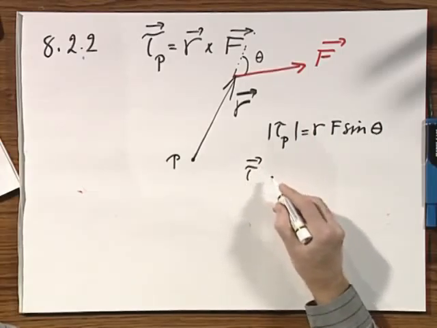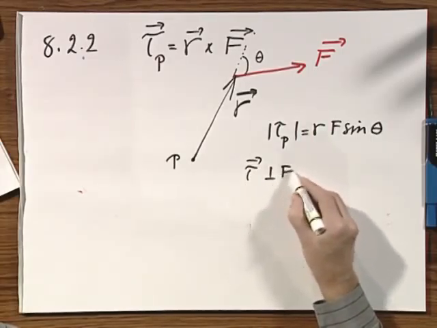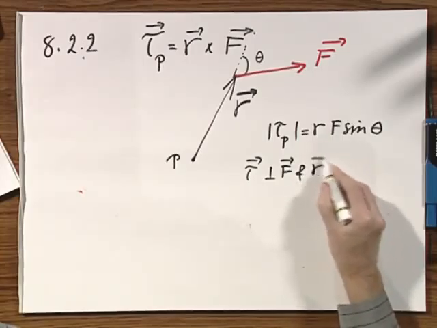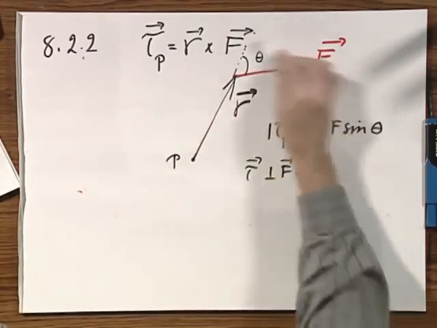As far as the direction is concerned, it's always perpendicular to both F and to r, so it's perpendicular to the plane of the paper.